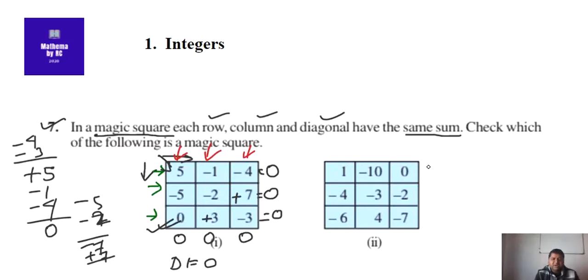Similarly in this part I also count the diagonal 2, because there are 2 diagonals. In diagonal 2, minus 4 minus 2 minus 4, that means minus 10 plus 1, which is not equal to 0.